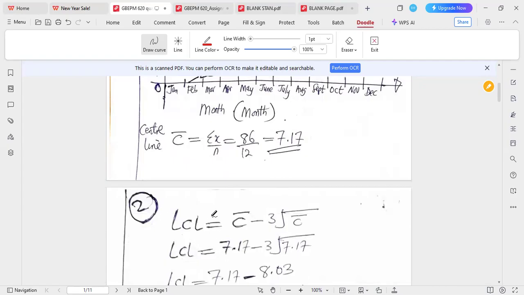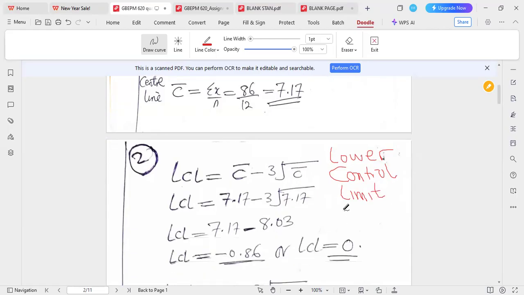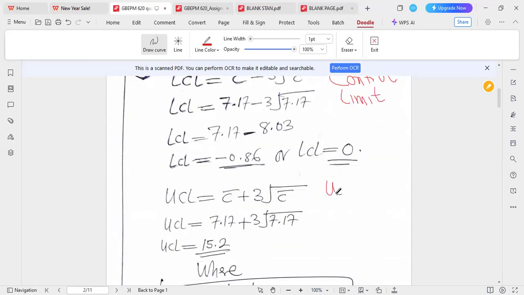This is the lower control limit. Then the other one is the upper control limit.